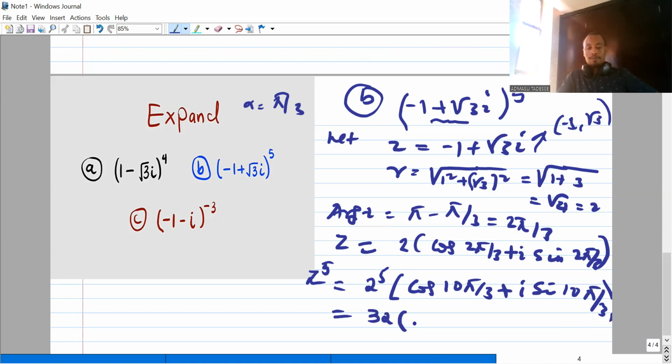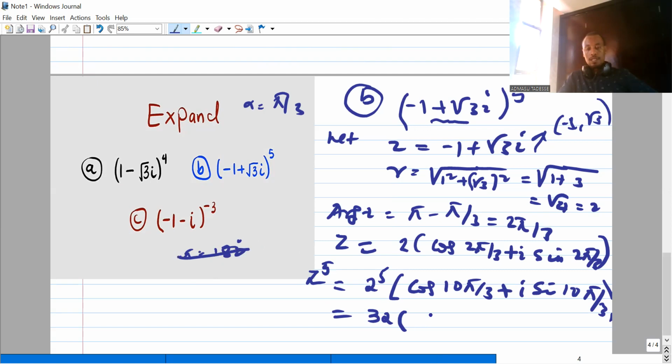This is a third quadrant angle again. You can convert and check. Pi radian is 180 degrees, and 10 pi over 3 is how much?